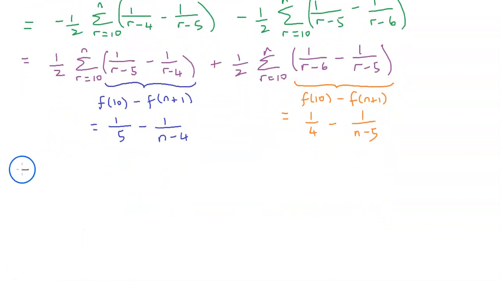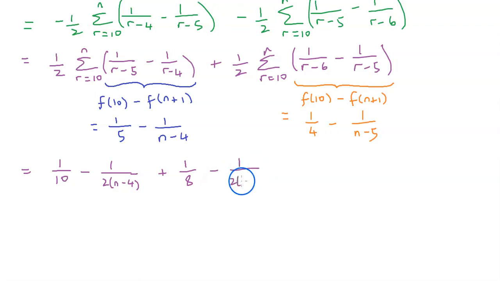And so our purple summation is equal to 1 divided by 10 minus 1 divided by 2 times n minus 4. So I'll have a bracket. And then plus 1 divided by 8. And then minus 1 divided by 2 times n minus 5. Okay.